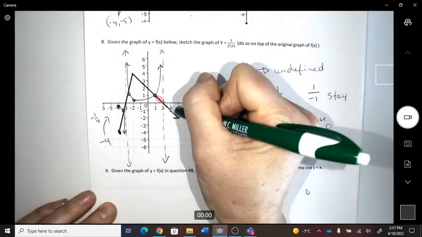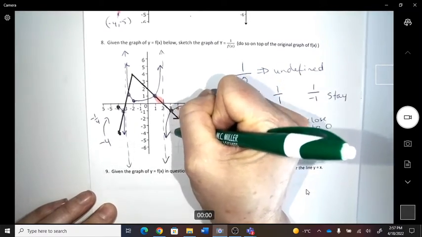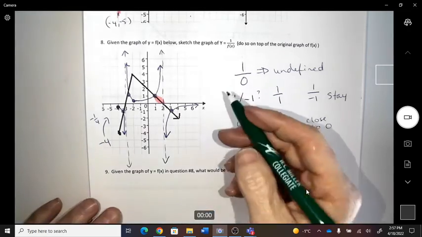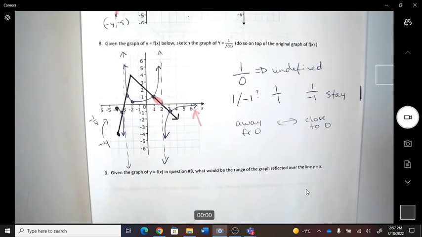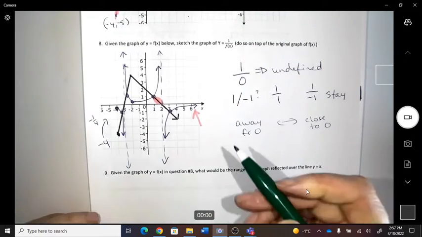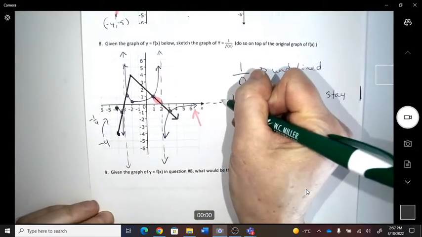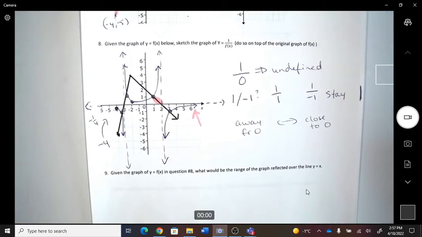And then this section gets closer to 0, so I will move away from 0. And this right here caused something to happen. If my graph is saying go closer to 0, I now need an asymptote at 0.